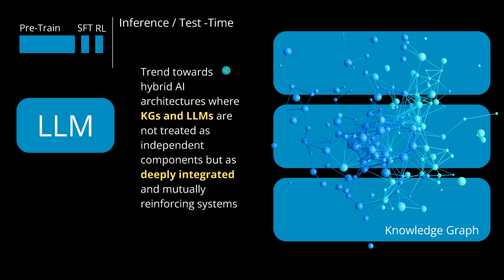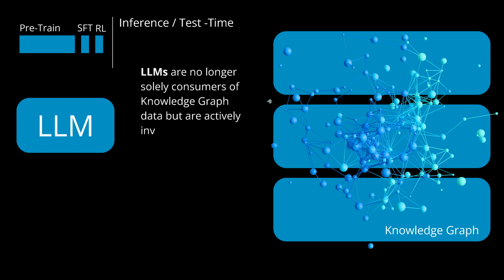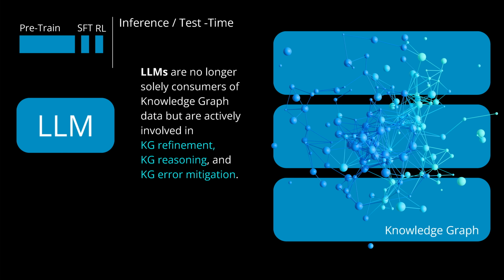Reading the scientific papers of today, there's a trend toward new hybrid AI architectures where our knowledge graph and our LLMs are not treated as independent components, but are more deeply integrated, and actually they are mutually reinforcing systems. So LLMs are no longer just a consumer of a knowledge graph, but they are actively involved in the knowledge graph refinement, in the knowledge graph reasoning, and in the knowledge graph error mitigation. And this is what we are going to talk about today.